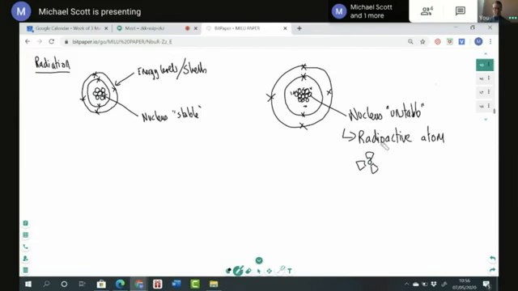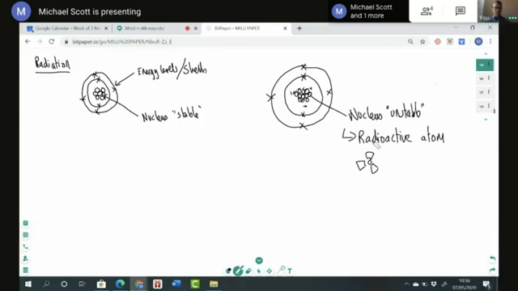Now, radioactive atoms are unstable, and they want to become stable. These unstable nuclei, these radioactive atoms, they don't want to be unstable. They actually want to become stable.